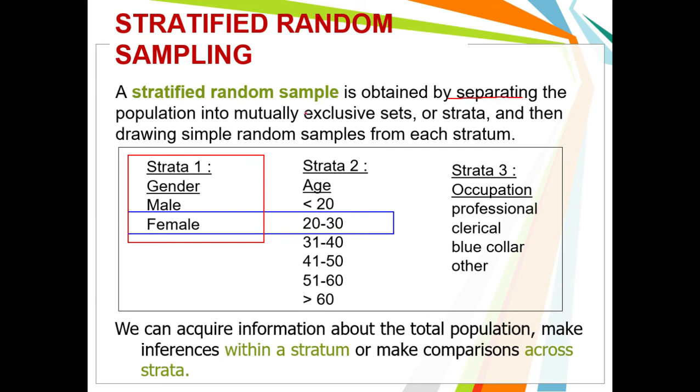So we separate the population into mutually exclusive sets, okay? Pag sinabing mutually exclusive, yung isang element hindi pwedeng mag-cross from one set papuntang another set. Okay? So, mutually exclusive dapat yung set or strata and then drawing simple random from each stratum.